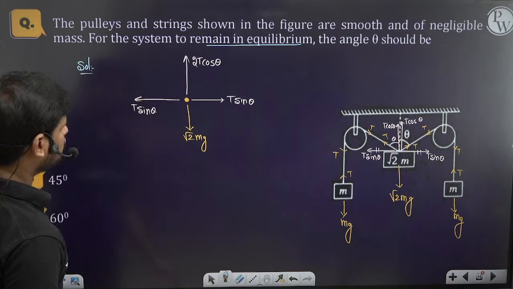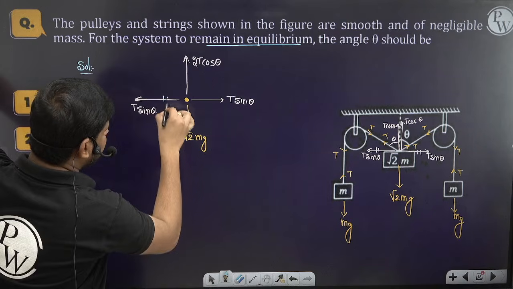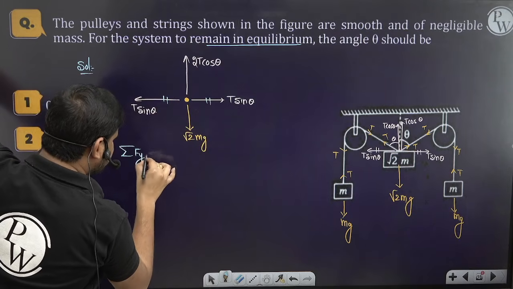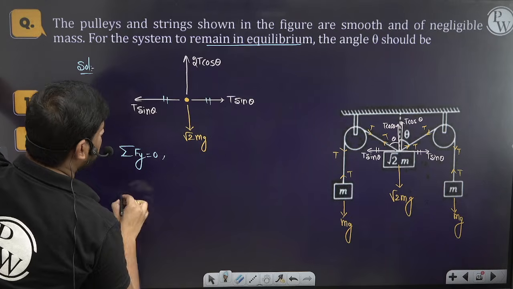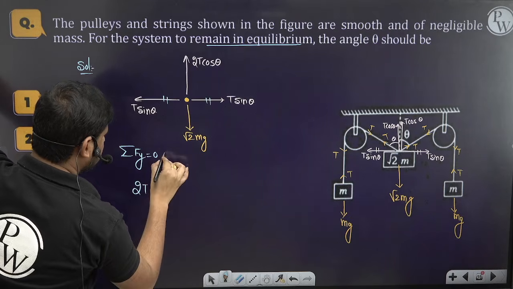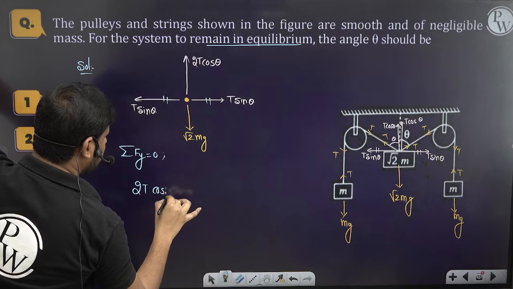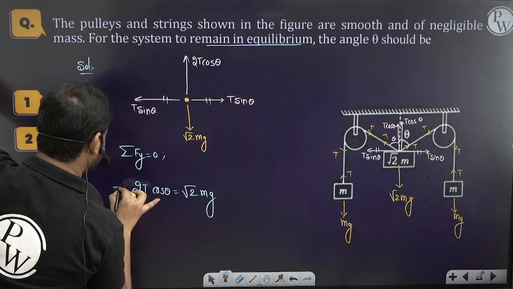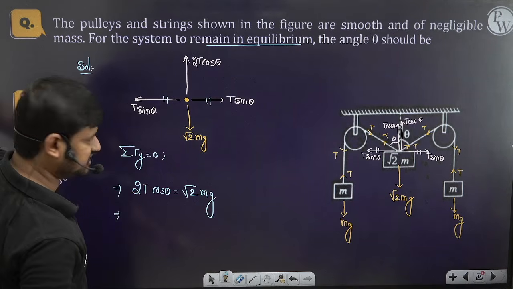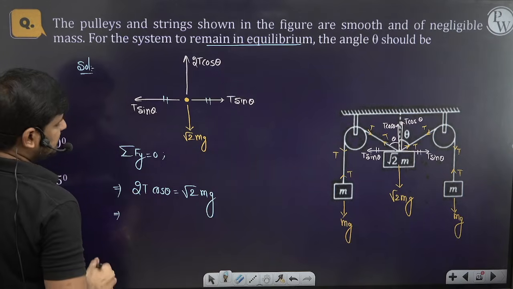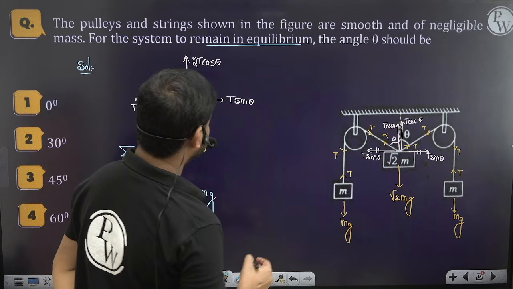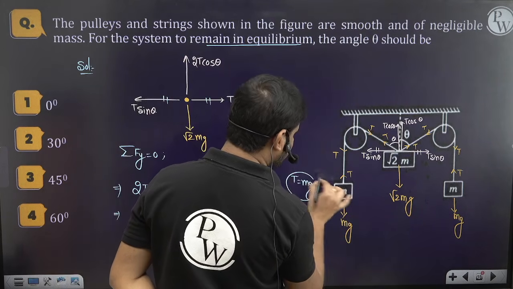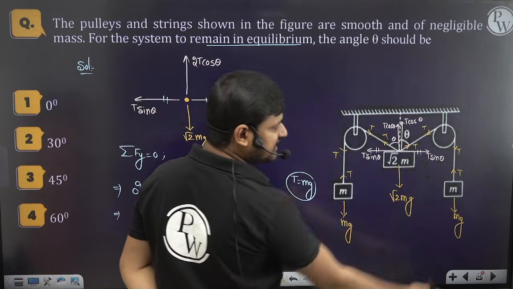Understanding? Now these two will directly get cancelled. If we consider the body in vertical equilibrium, sigma y is equal to 0. So 2T cos theta will be equal to root 2 mg. In place of T, we consider T is equal to mg, either from here or here, since T is balanced by mg.